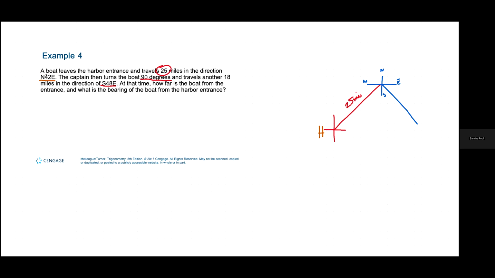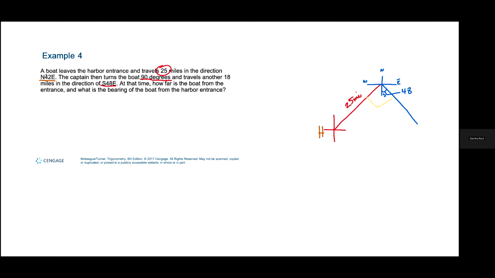And it's saying this angle right here, that it's making with the south axis is 48 degrees. But the turn that I made was 90 degrees. So this full angle is 90 degrees.